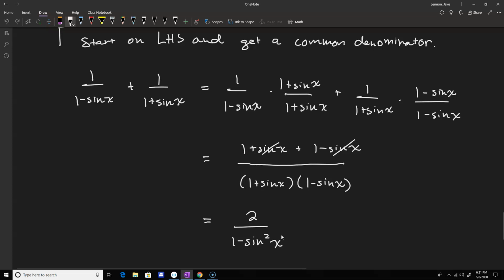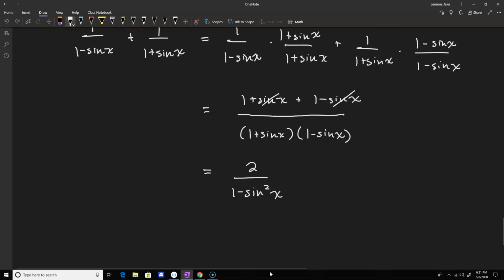Well, what is 1 minus sine squared of x? If you think about the Pythagorean identity, we know that sine squared x plus cosine squared x is equal to 1, so 1 minus sine squared of x is just a clever form of the cosine squared of x. So this is by the Pythagorean identity.